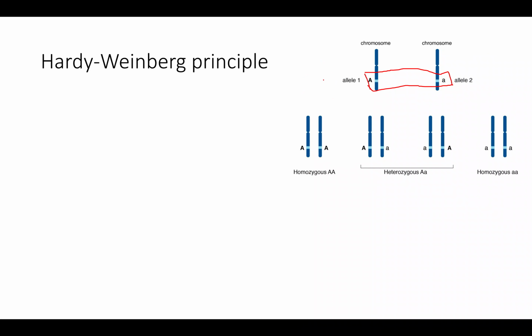If you remember the crossing of capital T and small t, which resulted in tall plants, the capital T is a dominant allele that resulted in the tall plants.